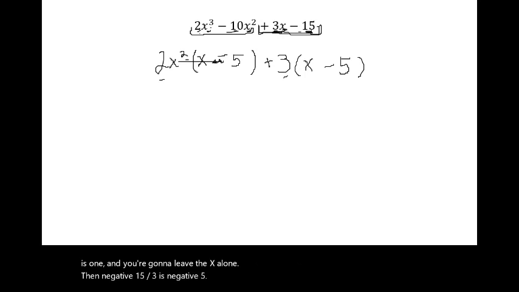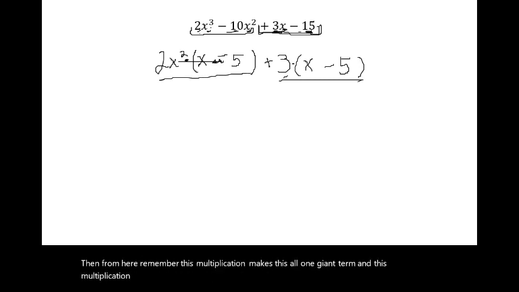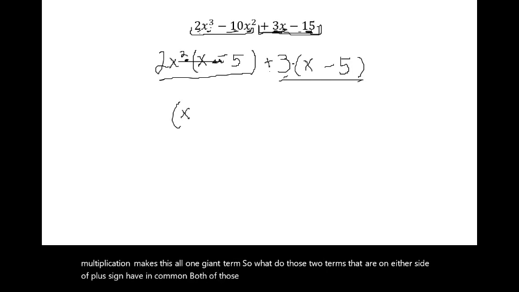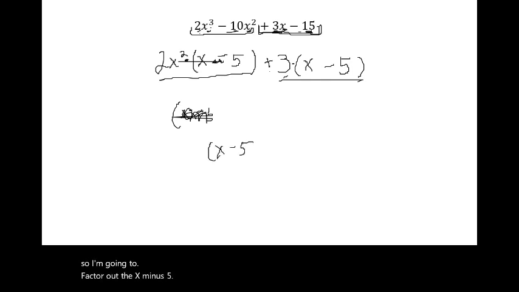Then from here, remember this multiplication makes this all one giant term, and this multiplication makes this all one giant term. So what do those 2 terms that are on either side of that plus sign have in common? Well, both of those terms have a parentheses x minus 5 in common, so I'm going to factor out the x minus 5 and put the leftovers in parentheses.